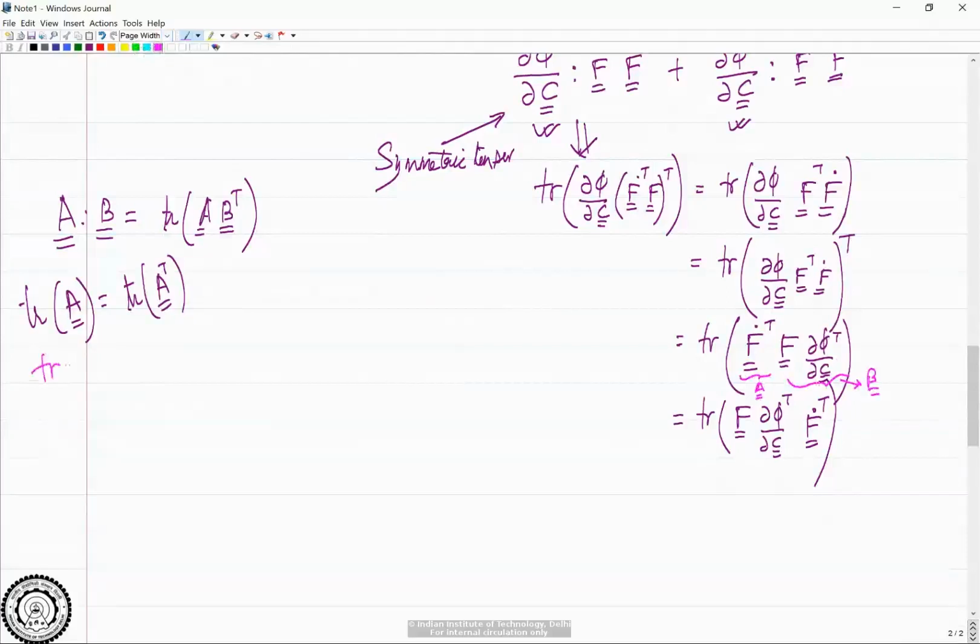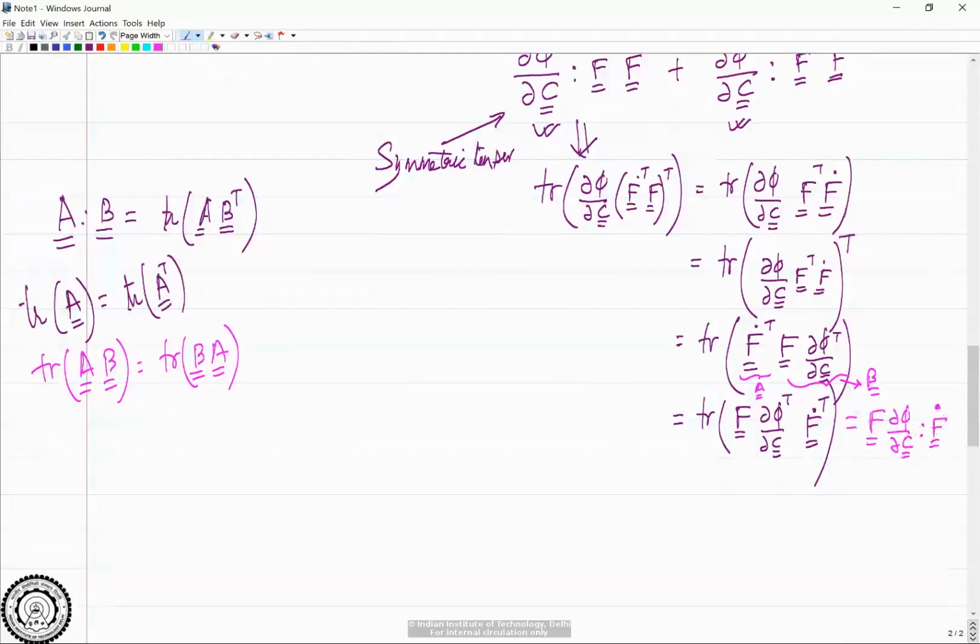The other thing is trace of AB is equal to trace of BA. And then this is finally F del phi by del C, because del phi by del C is symmetric, double contraction F dot, from the definition of trace.